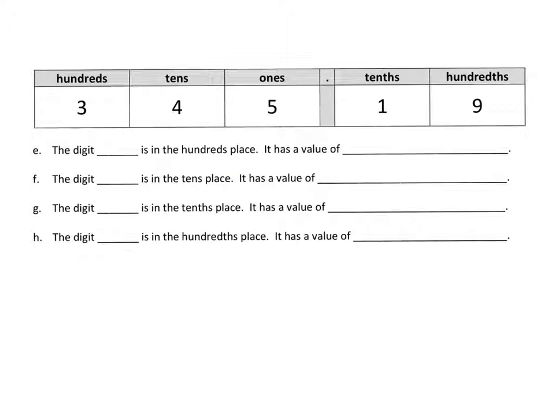So it's in the hundreds place, and the value of it is 300, or we could say in unit form 3 hundreds. The next one is asking the digit in the tens place, and that would be a 4, and the value of that is 40, or in unit form 4 tens.